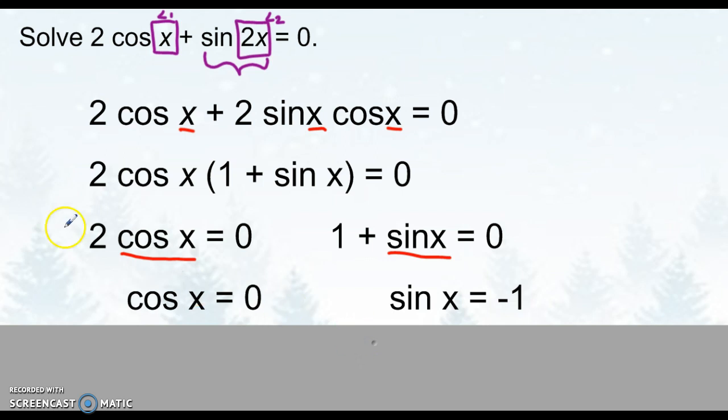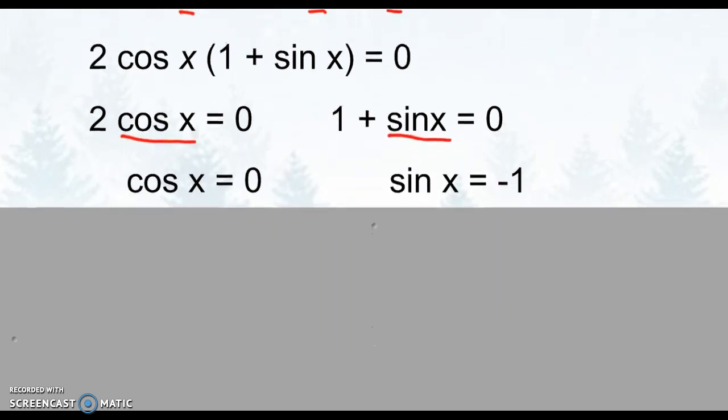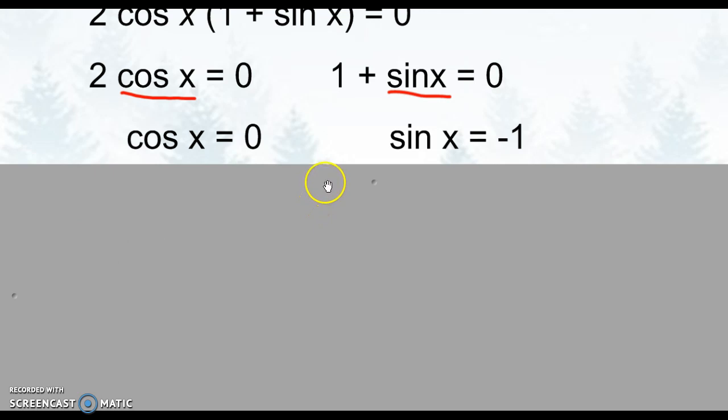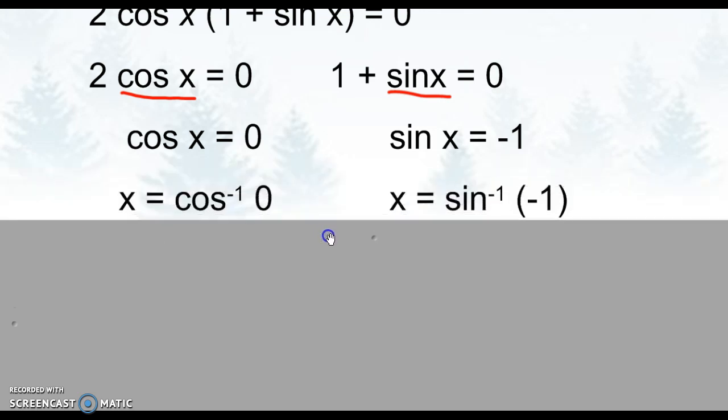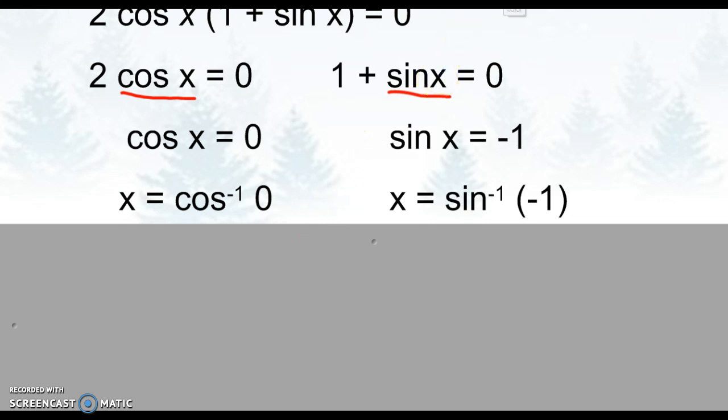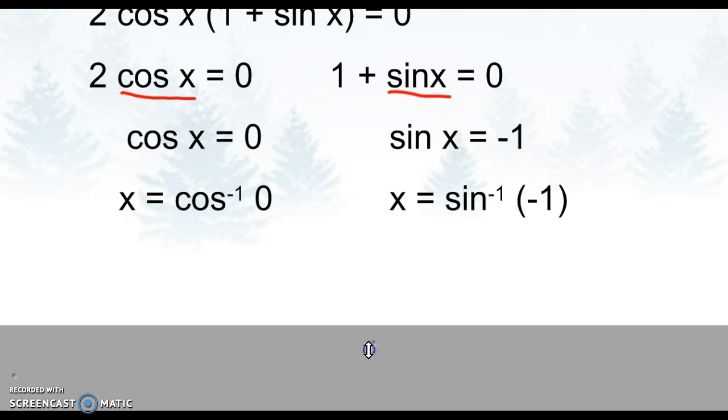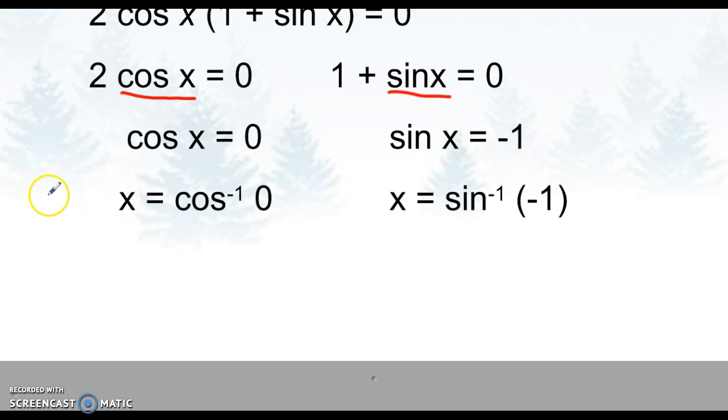And then we want to isolate for the variable, and we're going to do that by taking the inverse trig function. So x equals the cosine inverse of 0, and x equals the sine inverse of 1. Remember, we're asking for what angle gives us those values. So if we take a look at the cosine function, here's one sketched period of cosine.